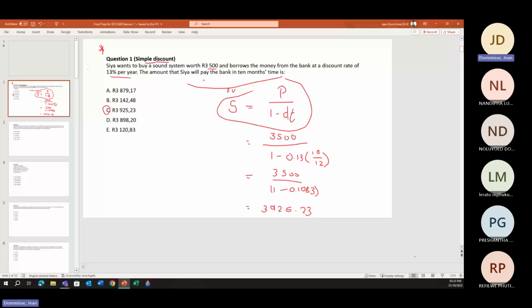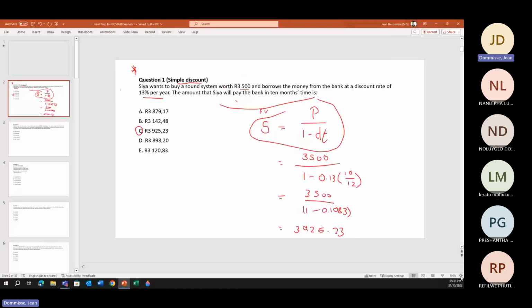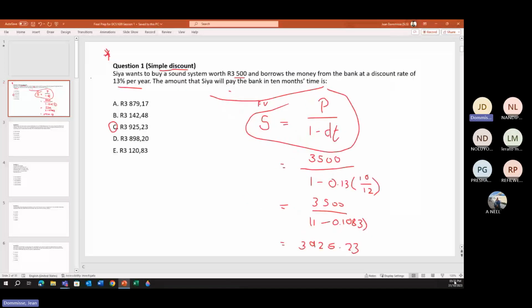What is also important is that we can't use our calculators for this, because your calculator only works with compounded interest. So we need to use the formula that I have also shared on that formula page.